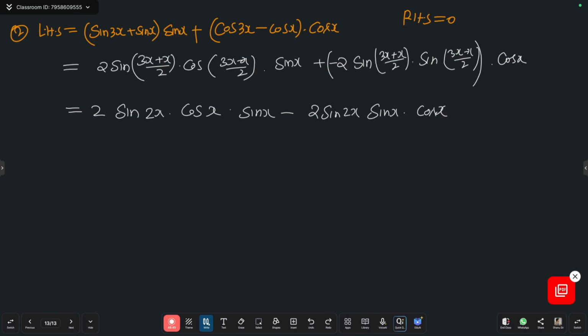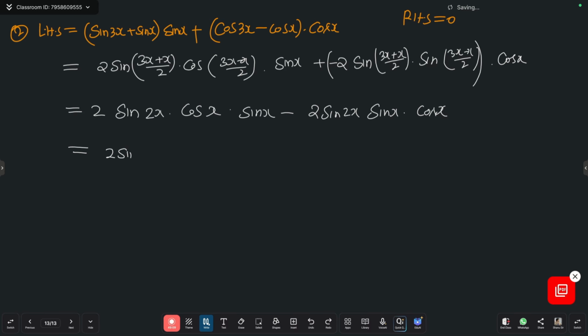You want 0. Now what to do next? What is common? Tell me. 2 sin 2x is common; cos x is not common, the complete term is the same. This term and that term are the same.